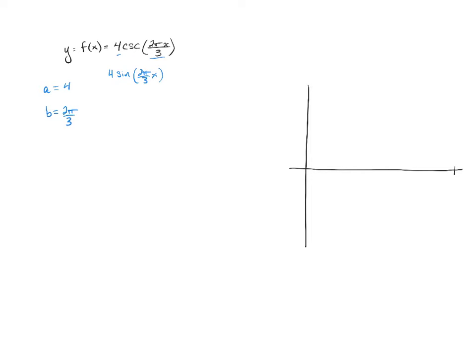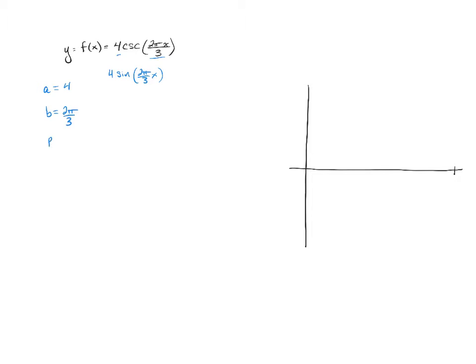And if we can graph that, being the reciprocal of the cosecant function, we should be good to go to graph the cosecant function. So first thing I'd recognize is that b is 2 pi over 3, and we know for sine and cosine the period is 2 pi over b.